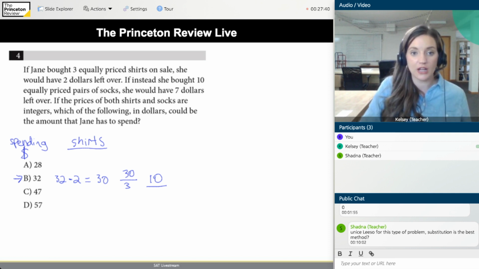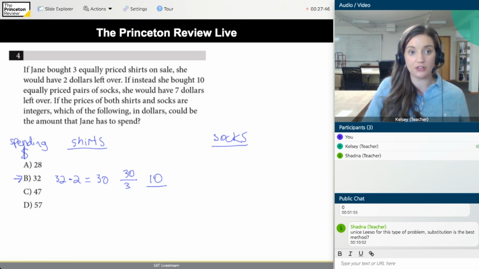So let's see what would happen if she started with $32 and she bought 10 equally priced pairs of socks. She would have $7 left over. So what's the next thing that we can figure out? Well, if she had $7 left over, then she spent 32 minus 7, or $25.